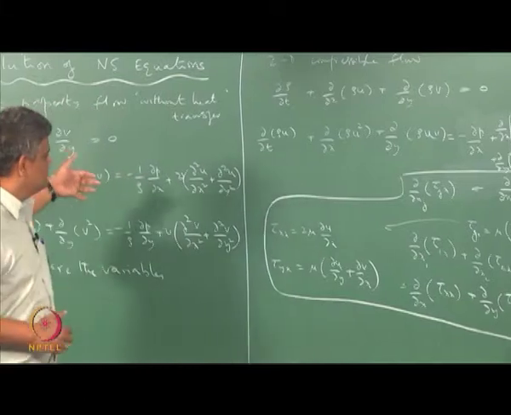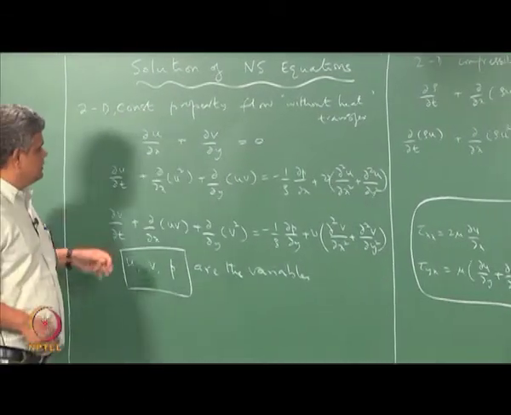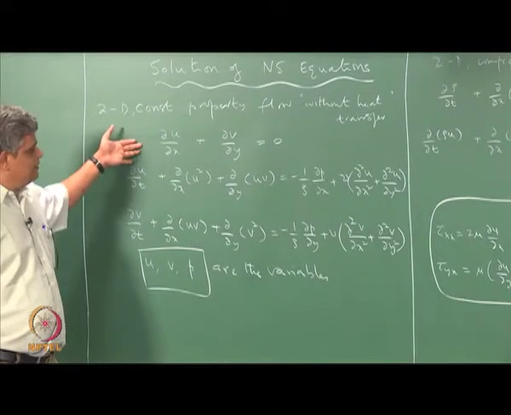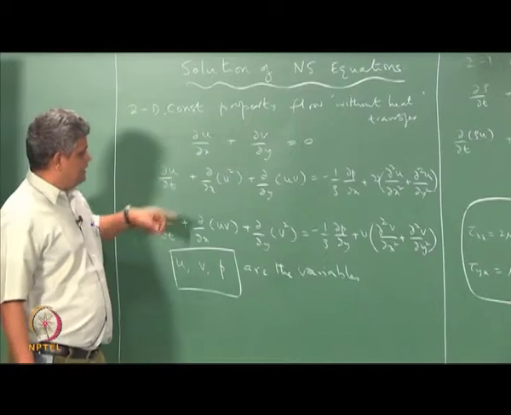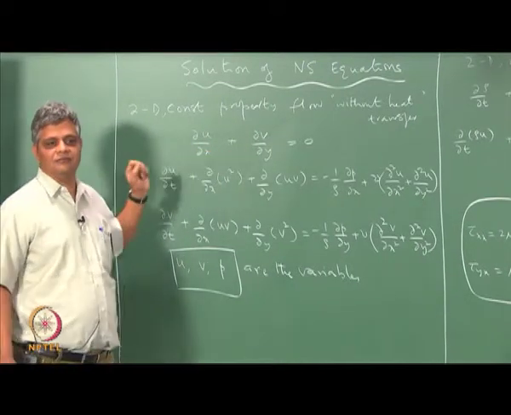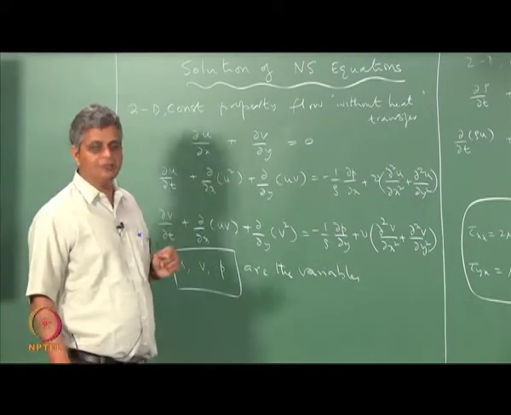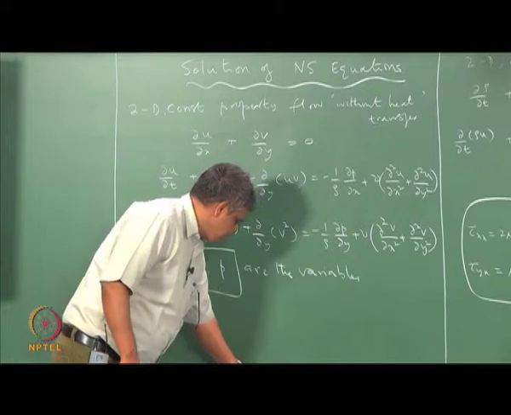Before we do that, we would like to see what these equations are like. Now, when you look at this equation, it looks pretty straightforward, but this is an equation which involves 2 variables. In our scalar transport equation we had only one variable. We had an equation like this.